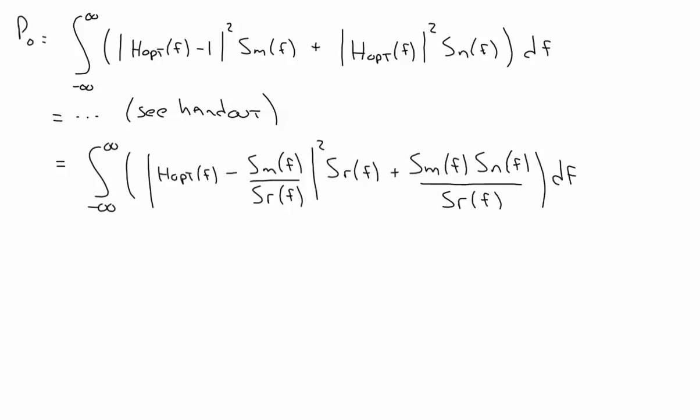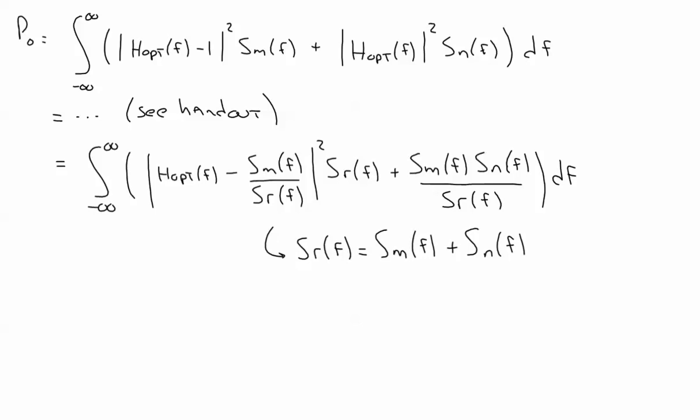All right. In this relationship, SR of f is the message power spectral density added to the noise power spectral density. Okay?